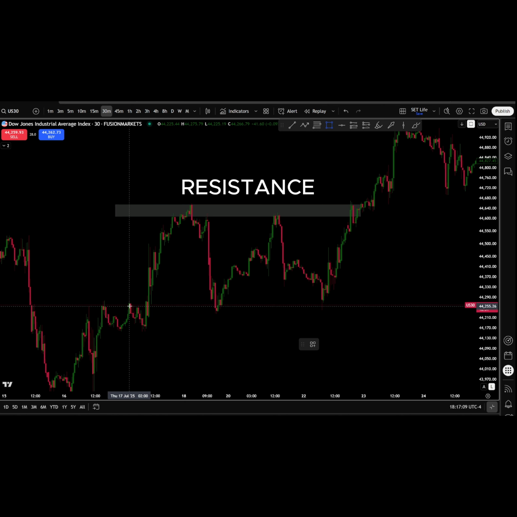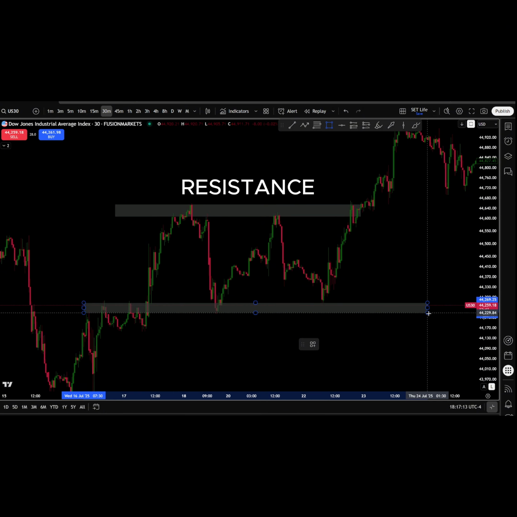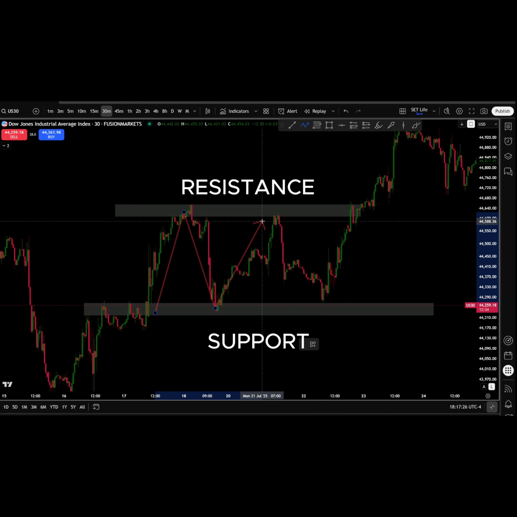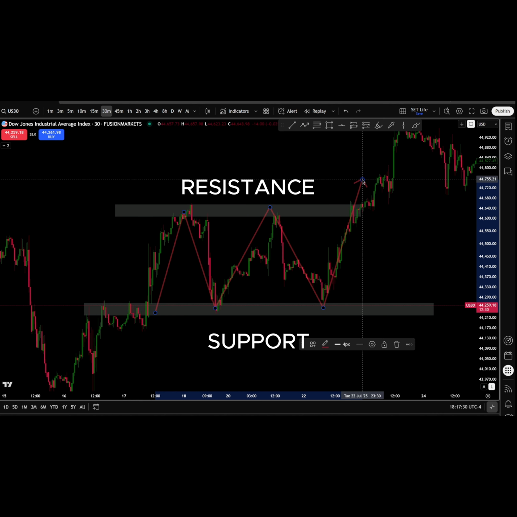Very simple. And we have a lot of touches here. So we will make a support right here. As you can see, there are multiple touches. This is the resistance and this is a support. So now we can tell that the market is moving in a range. Why? Because it keeps coming back to the same area before it breaks out right here.